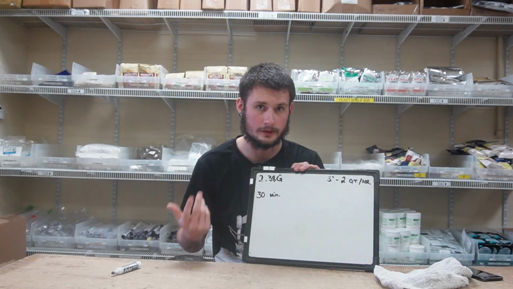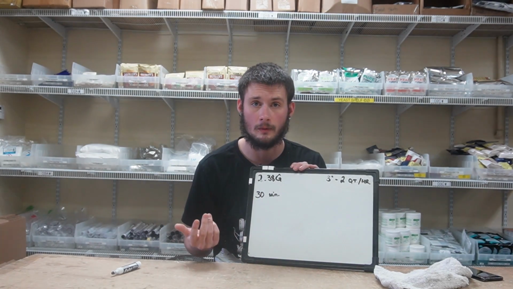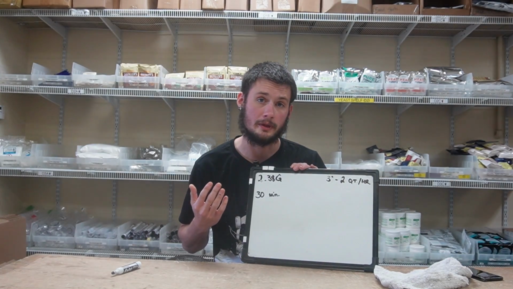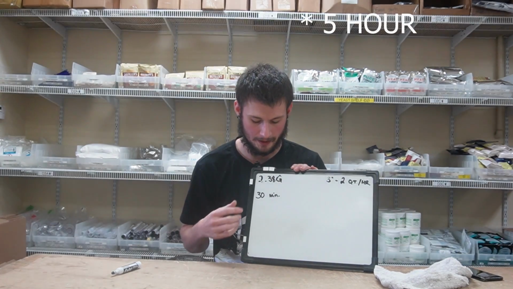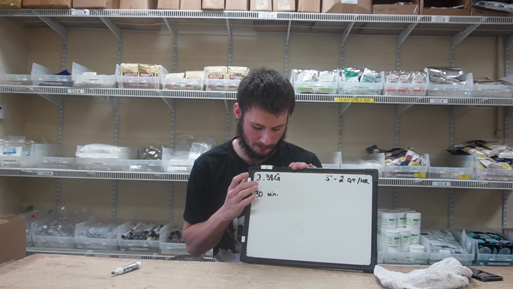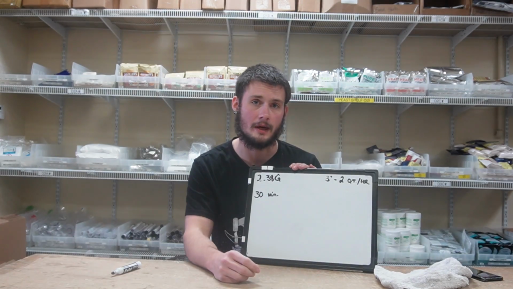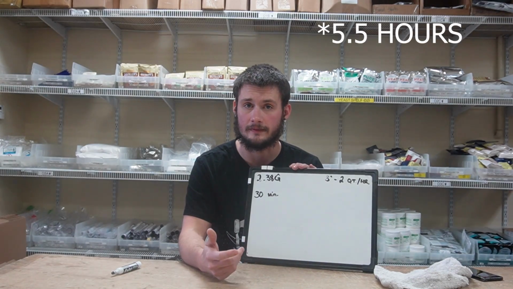So double that for 2, that's going to be 4 hours, and then that half is going to take about another hour, right? So all in all, we'd be looking at about a 5.5 hour run, and if our heat up time is 30 minutes, that's going to bring us to 6 hours. We can produce about 2.5 gallons of alcohol out of a 3-inch tower in about 6 hours. That's kind of our figure.